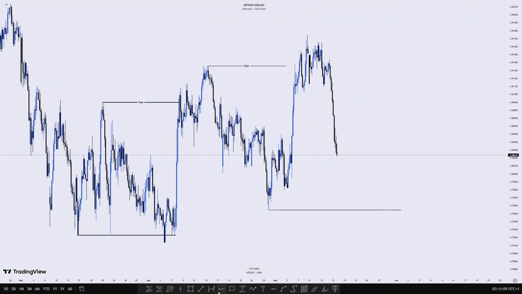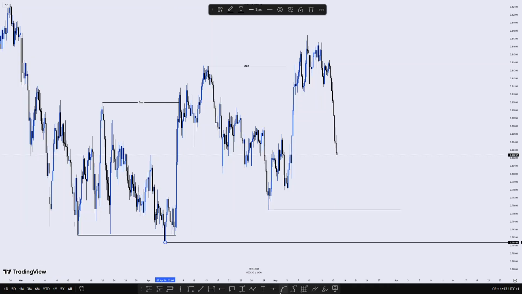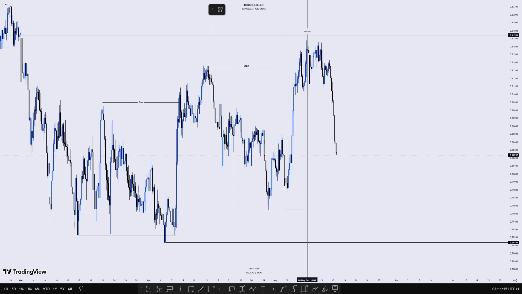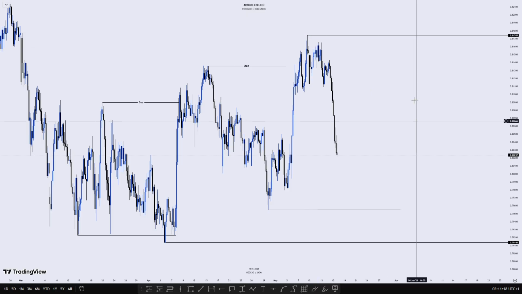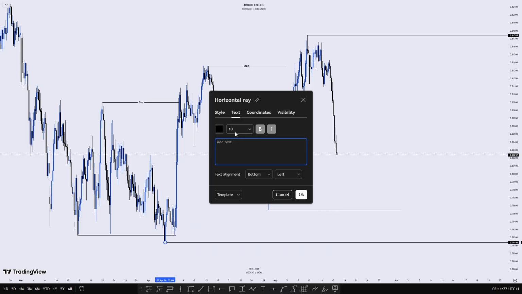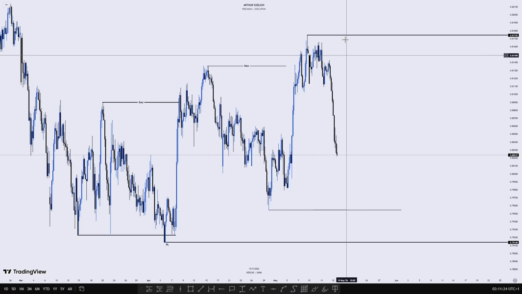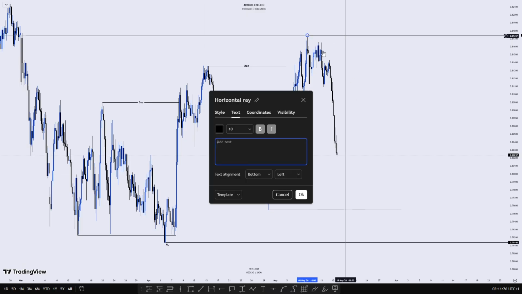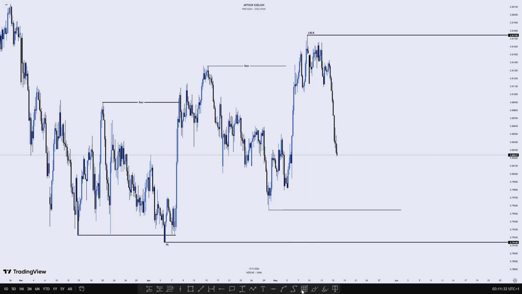We can now mark this low as our swing structure low, and this high as the high of our swing structure. This becomes our protected low, and this becomes our low resistance liquidity run, the place where we are expecting price to easily take out.